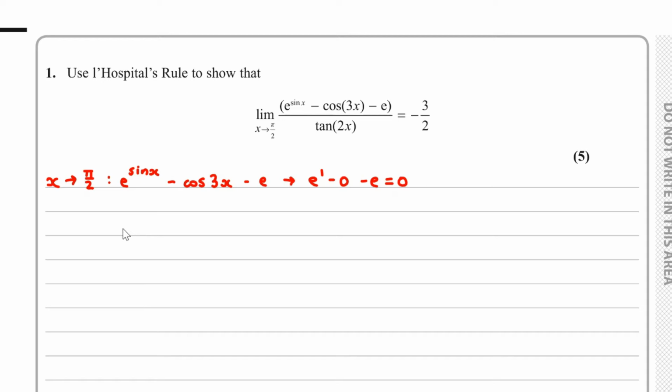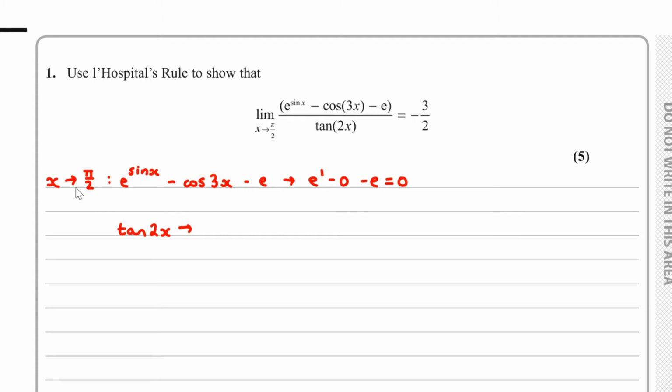And if we take a look at tan 2x, well, here, as x tends towards pi over 2, tan of 2x will tend towards the tangent of 2 times pi over 2, which is tan of pi.